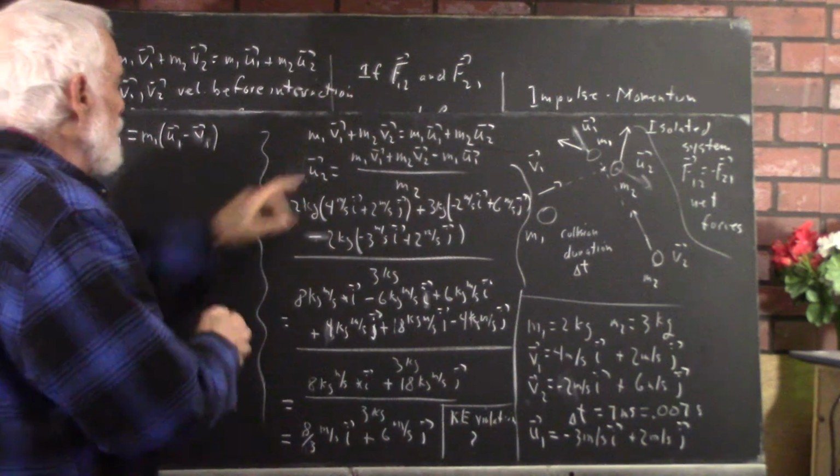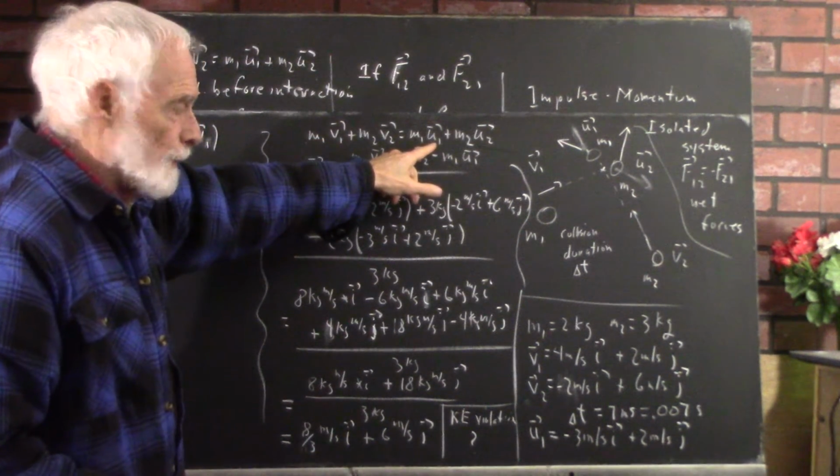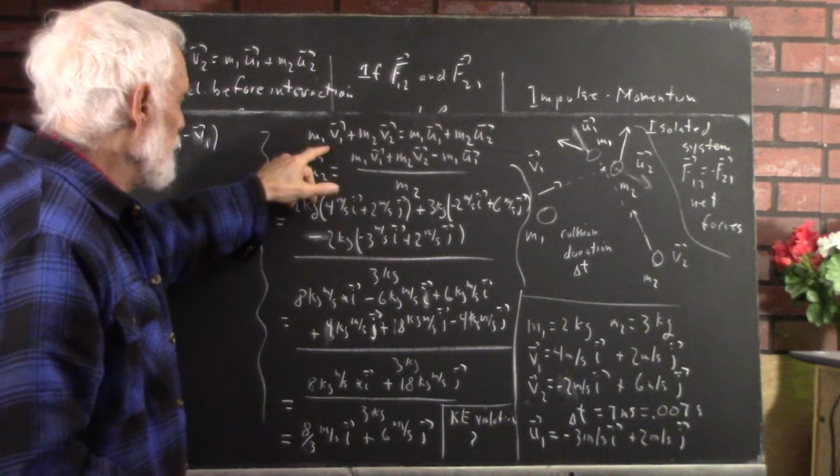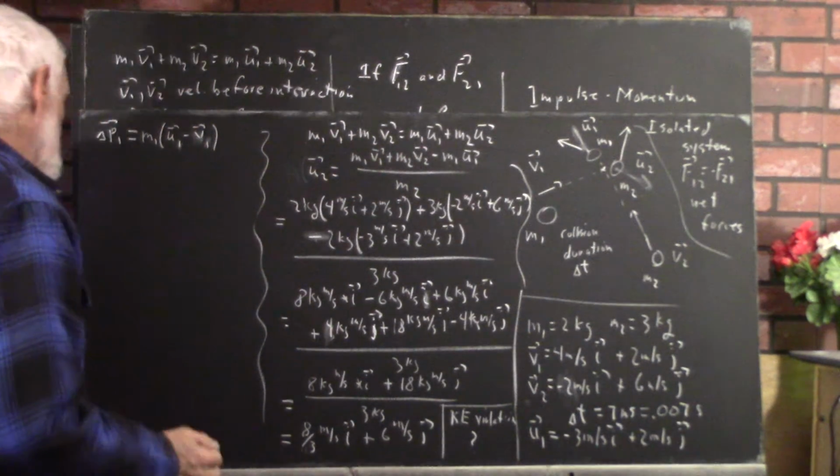Okay, M1 V1 is the momentum before, M1 U1 the momentum after. It'll be this minus this, and of course I can factor the M1 out of that.